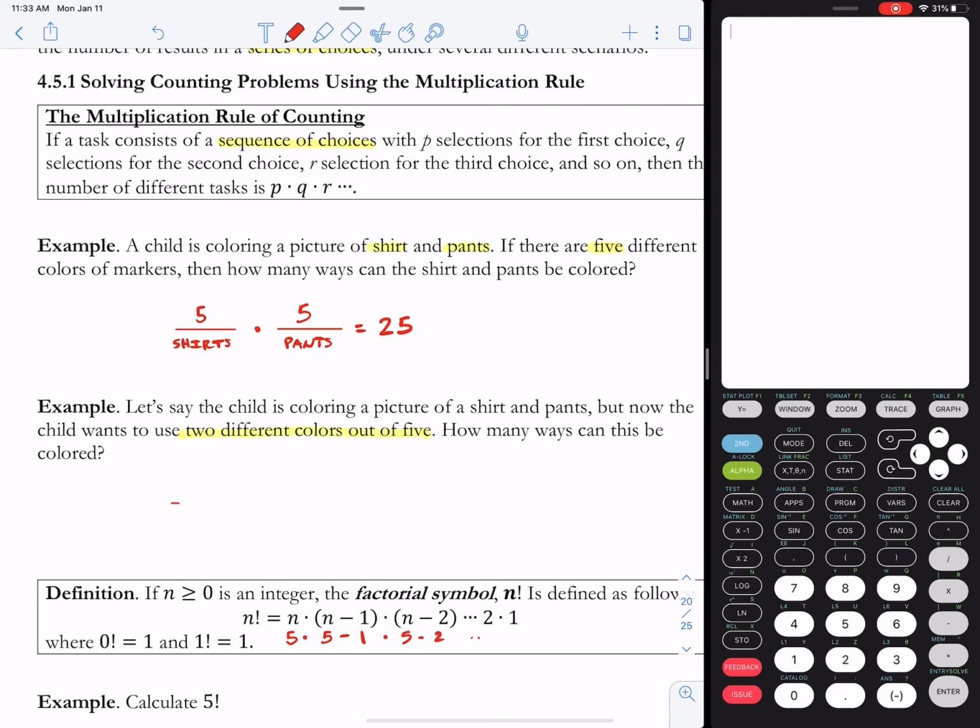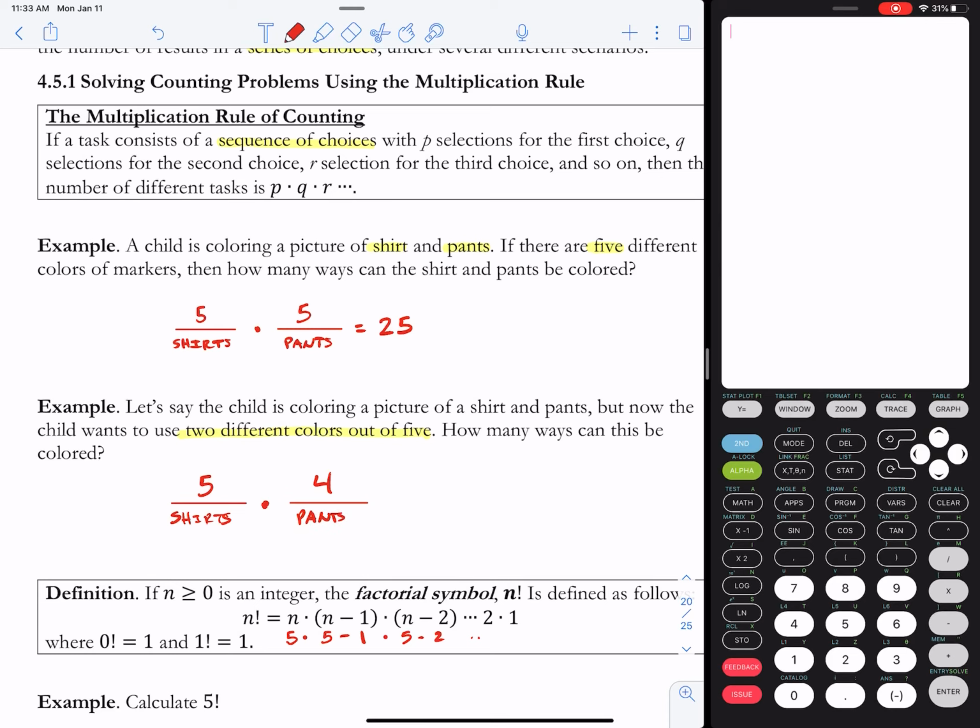So we're going to have the same setup here where it's going to be shirts times pants. But this time it's going to be a little bit different because for the shirts, I have the possibility of utilizing 5 colors, whereas for my pants, I can't use the same color that I used on the shirt, so I only have 4 possibilities from there.